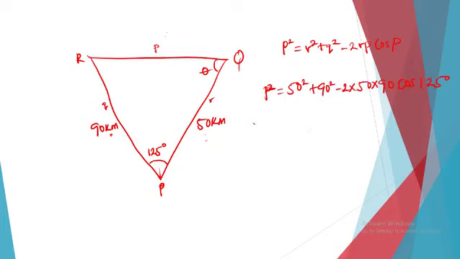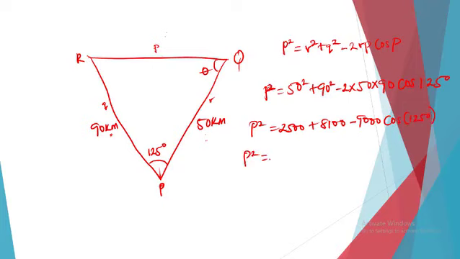Is that correct? So P squared is equal to 50 squared, which gives 2500, plus 90 squared, which gives 8100, minus 2 times 50 times 90, which gives 9000, then cos 125 degrees. Okay, so what do we have?